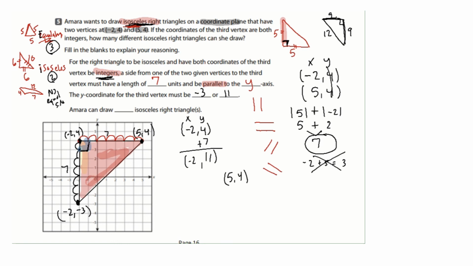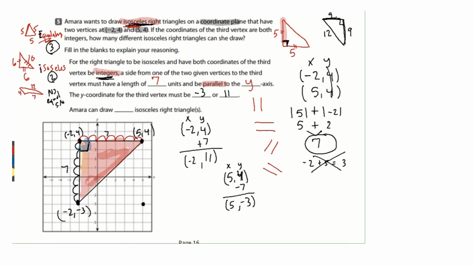Since I'm going up and down along my y-axis, I'm going to take away 7 units from my y-coordinate. So my new ordered pair is going to be 4 minus 7. If you start at 4 and take away 7, it takes 4 units to get to 0, and then you go in a negative direction 3 more units. So it's going to be -3 for my y-coordinate, and my x-coordinate is going to stay the same. So my ordered pair will be at 5, -3, which is here.